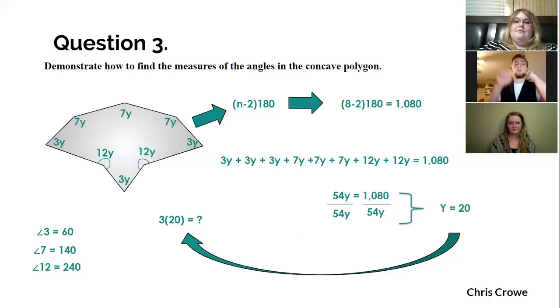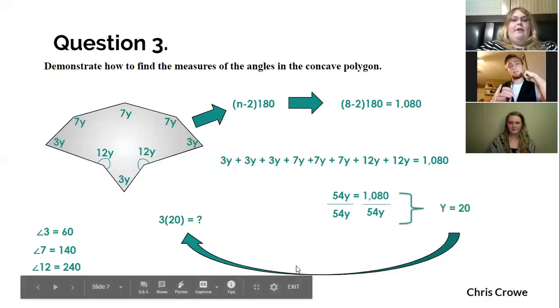We cross out the ones that need to be crossed out, and then we have y equals 20. So once we have that, we simply have to multiply 20 by the numbers of the angles. So in this case, we have 3, 7, and 12, with the subsequent answers being 60, 140, and 240.